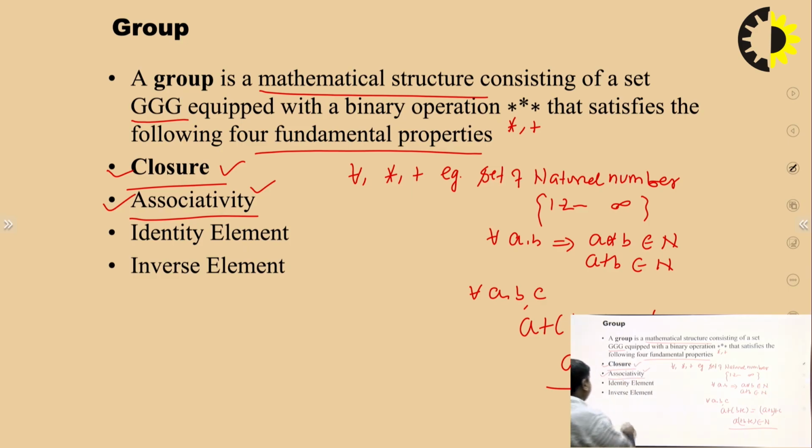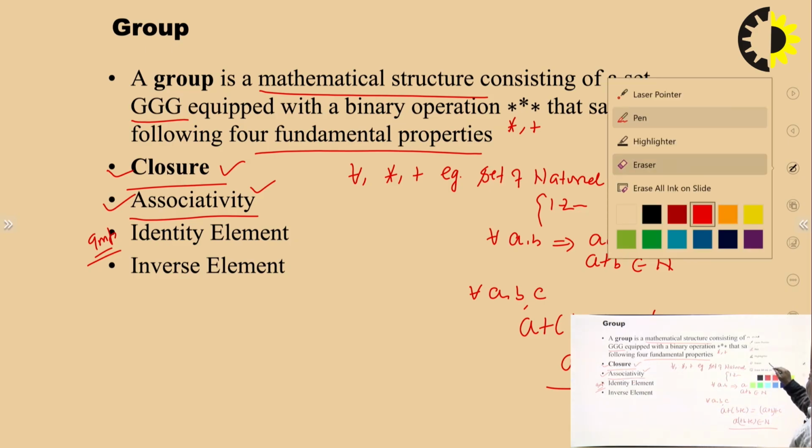Now, the third one is the most important property of a group, known as the identity law. Now, what is the identity law? That is very simple.